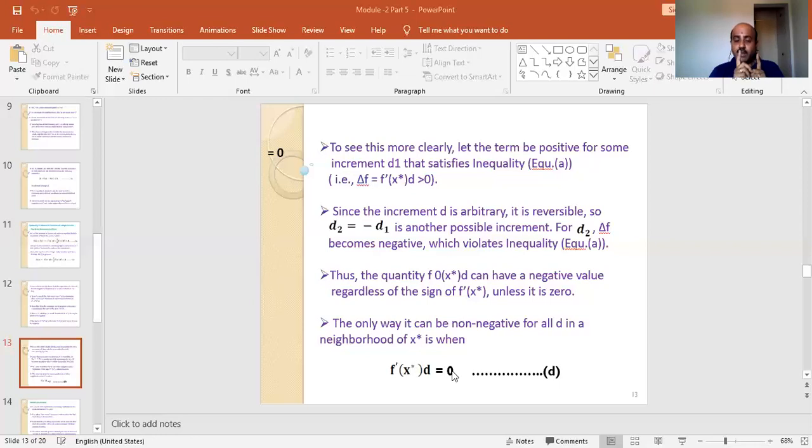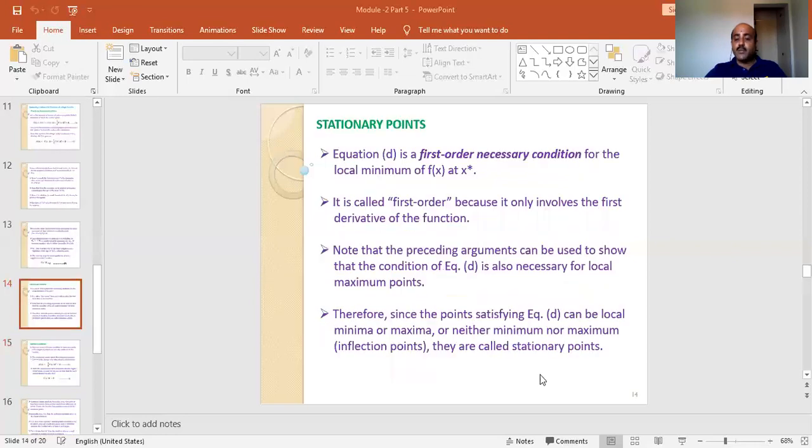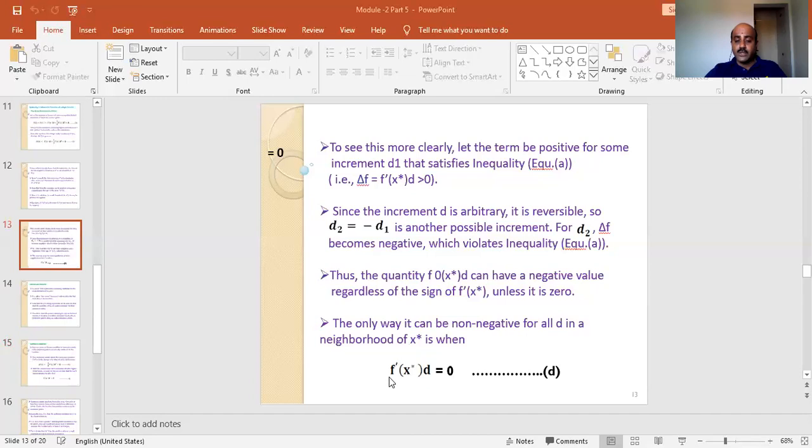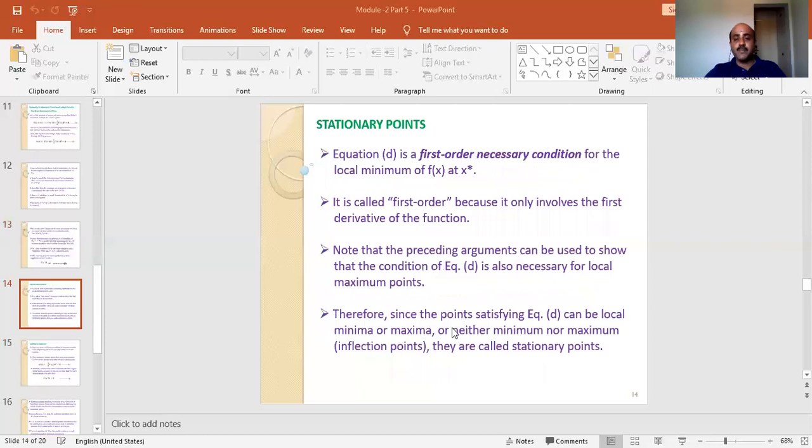Therefore, the only way it is non-negative for all d in the neighborhood of x star is when f dash x star into d is equal to 0. This is a very important thing you should remember. So this is one important condition for us: the first derivative at x star into d should be equal to 0. This equation d is very, very important for us.